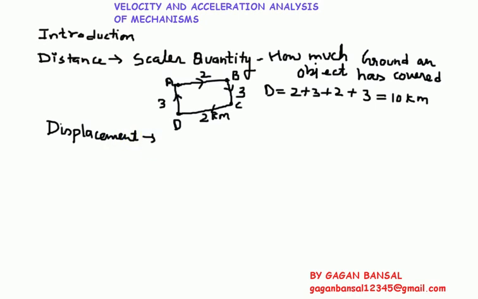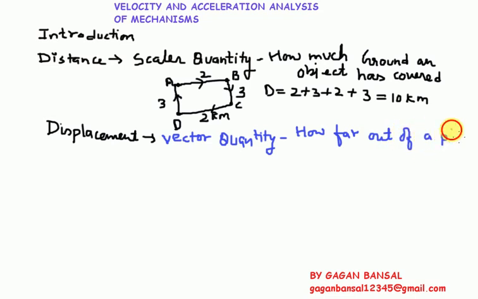Displacement is a vector quantity, that means it requires direction as well as magnitude both, and displacement tells us how far out of a place an object is.